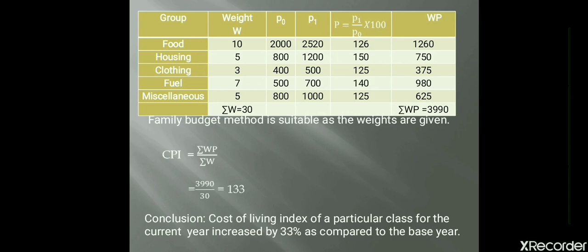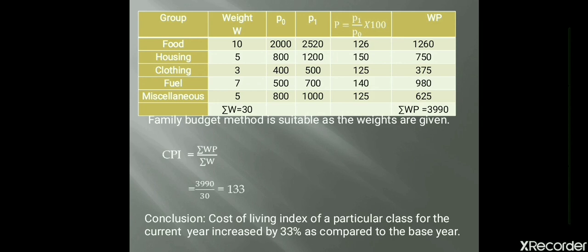For fuel, it is 700 divided by 500 multiplied by 100 is 140. For the last group, it is 1000 divided by 800 multiplied by 100 results in 125. That completes the calculation of price relative column.